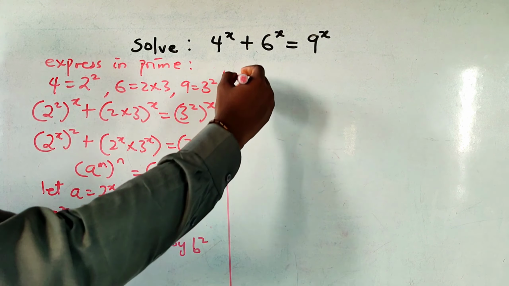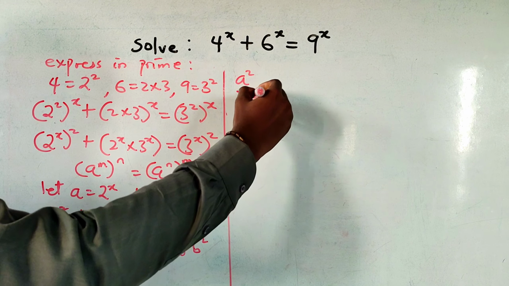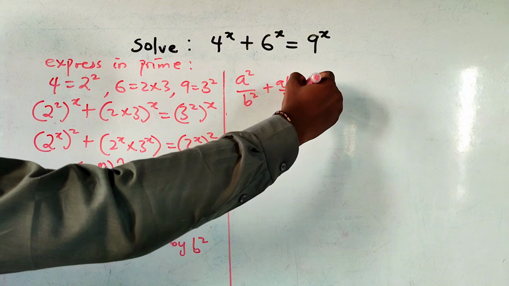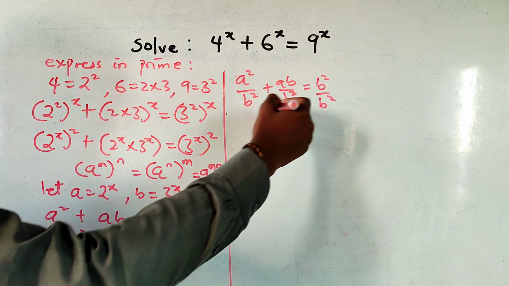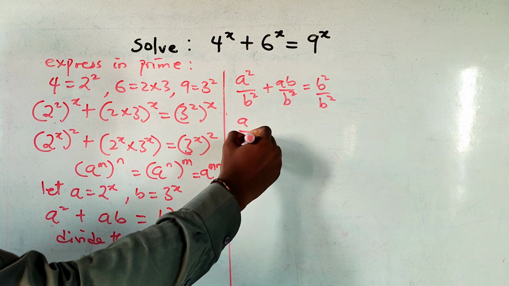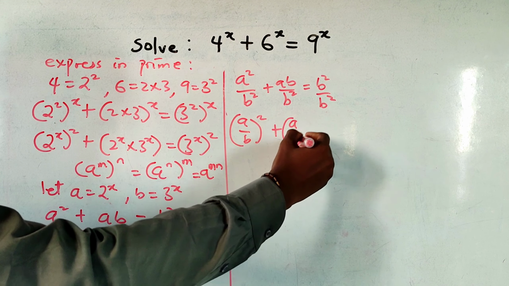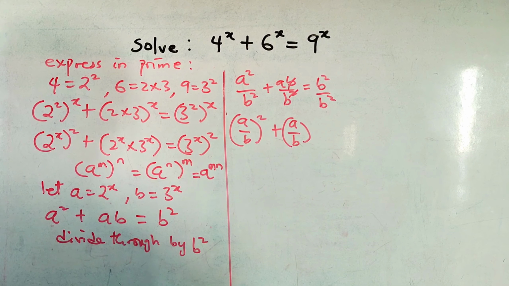So I would have a squared over b squared plus ab over b squared equals b squared over b squared. So this is going to be (a over b) all squared plus a over b, because b cancels one of the b's, and then this will be 1.